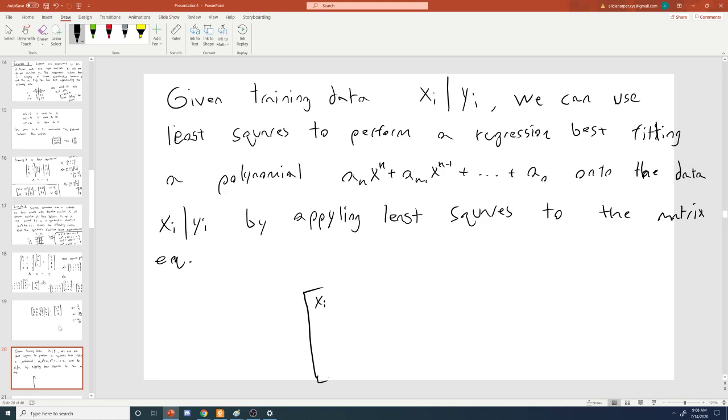The matrix has rows x1 to the n, x1 to the n minus 1, and so on, x1, and then 1, then x2 to the n, and so on, through xm to the n, and so on, xm, 1.